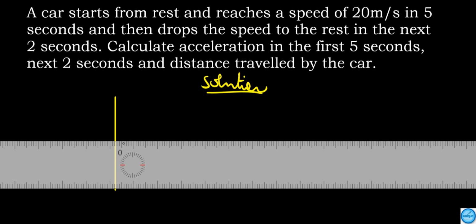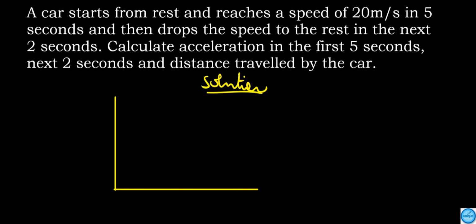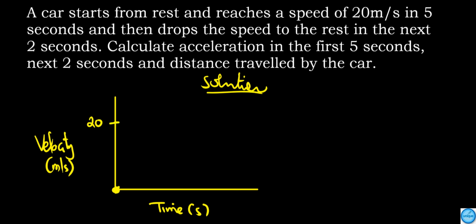On the x-axis we're gonna have time in seconds, and on the y-axis we're gonna have velocity in meters per second. It starts from the left, so this is 0, and let's say this is our 20 meters per second.